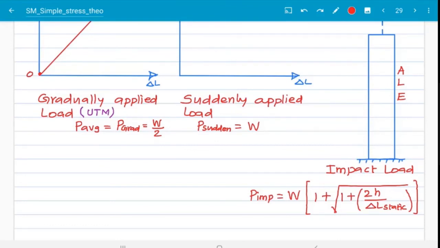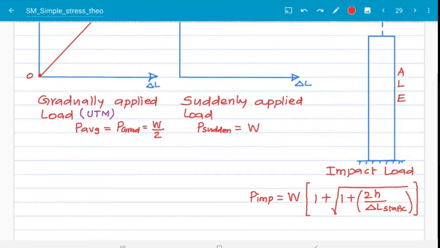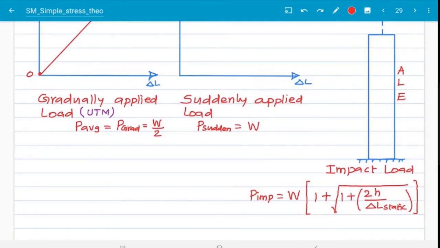Minimum 2 times, right? So the actual impact effect will be minimum 2 times or greater than 2 times. So you have to understand.